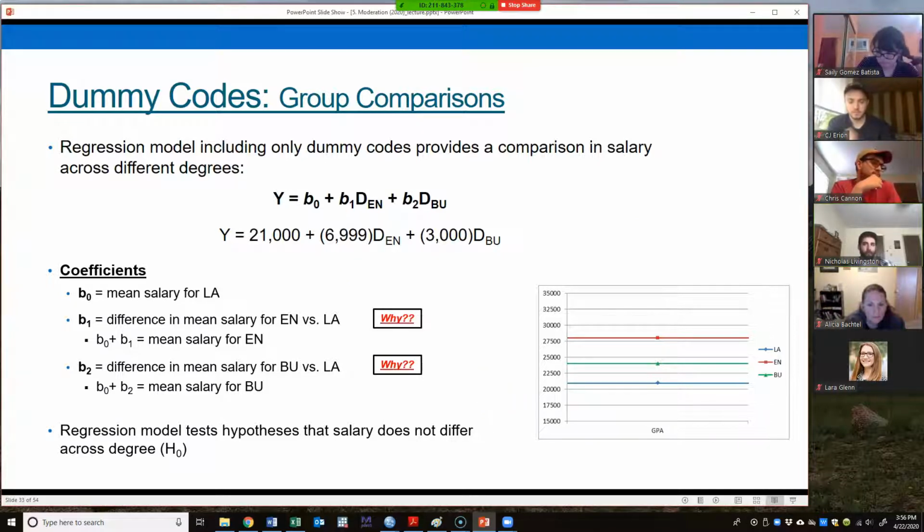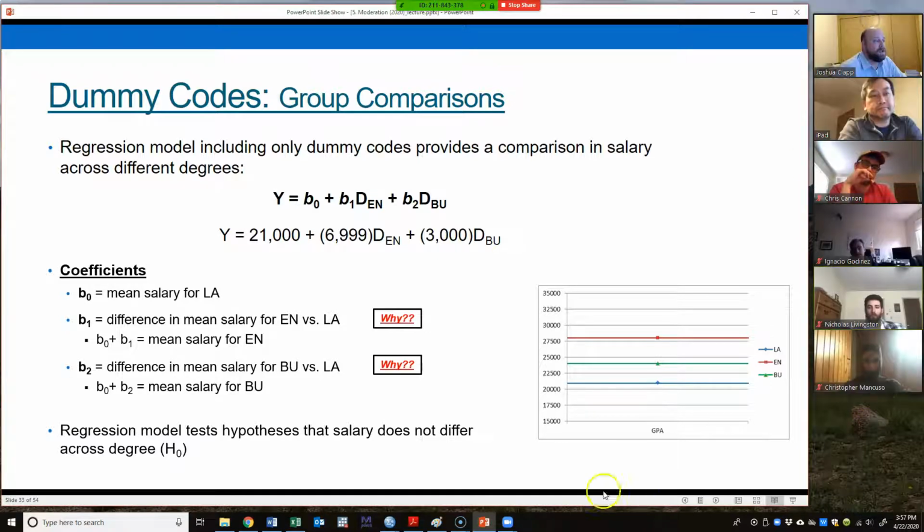And so if my R squared is some non-zero value, it tells me that my overall model is statistically significant and that degree program does in fact impact salary across levels. Okay. People see how we set up these dummy codes and why those are working out?